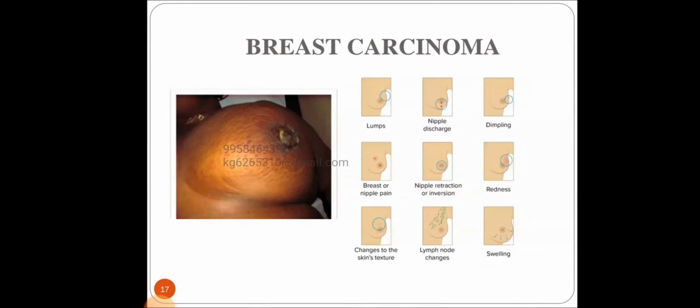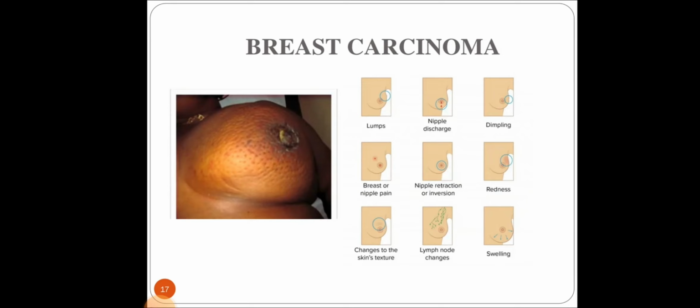Among the carcinoma types, inflammatory carcinoma is considered the most aggressive type, and this is more seen during pregnancy and lactation. From the name we can understand that it mimics the breast abscess, that is inflammatory.